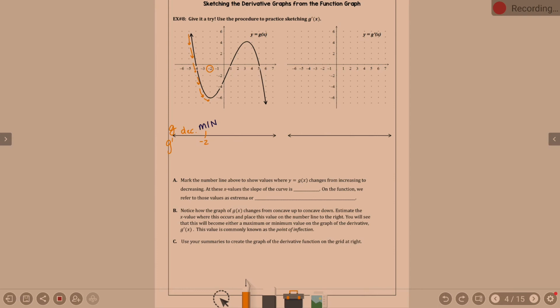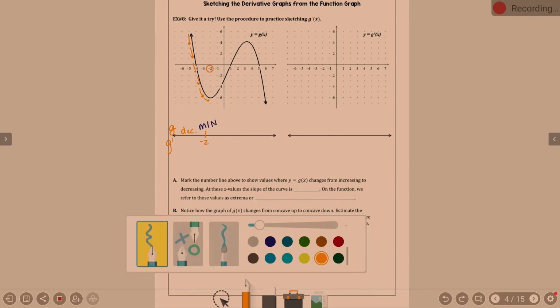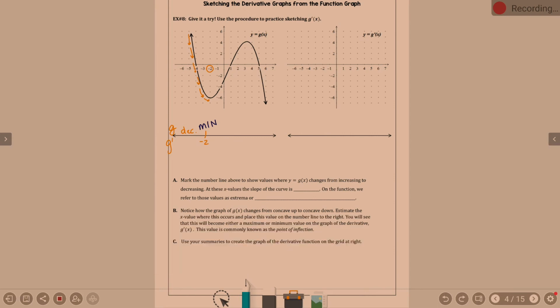Okay? Continue the next part. What do we do after we finish decreasing? We are increasing. What value are we increasing to? It's not exactly 3, is it?